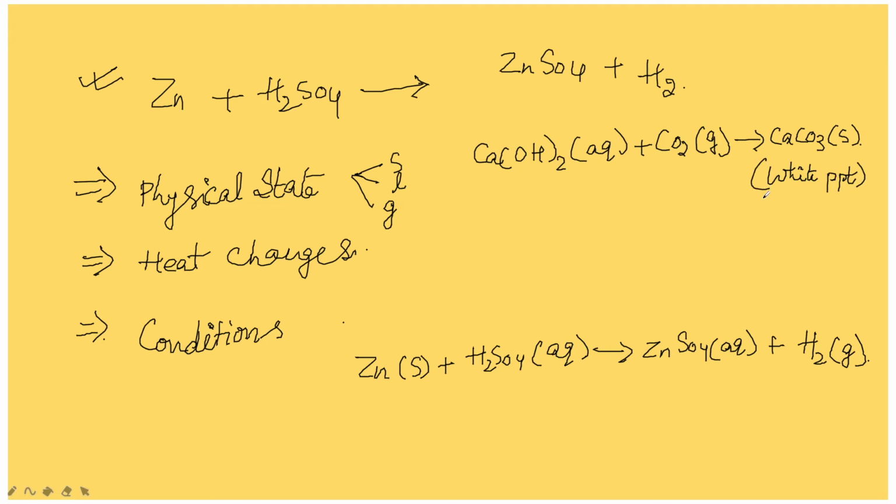White precipitate it forms and it gives water. Water is in the form of liquid only. So it will give complete information of the chemical equation. So you write here complete calcium hydroxide, or lime water.